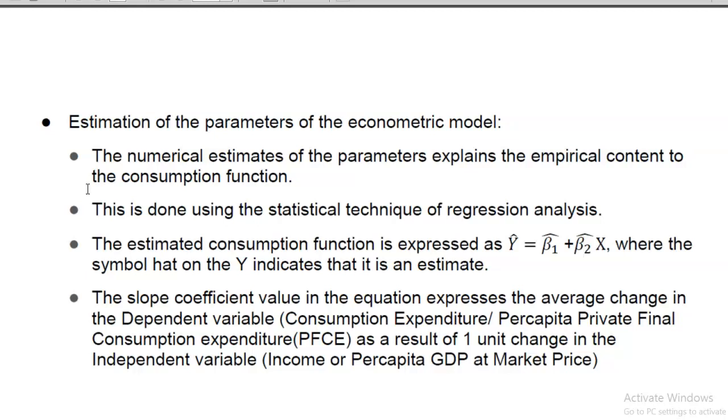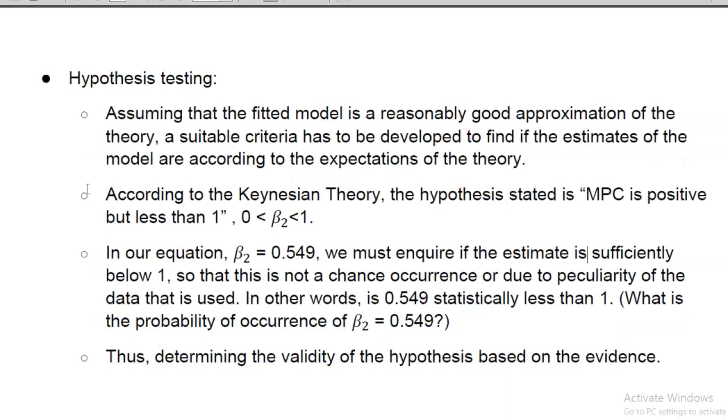This beta 2 is nothing but your MPC, which explains the per unit change in the final consumption expenditure as a result of a 1 unit change in the GDP. Okay. Then hypothesis testing. The hypothesis says that MPC is positive but less than 1, and it has to be greater than 0. In our equation we got the value of 0.549. We must inquire if this estimate is sufficiently below 1, so that it is not due to chance or the peculiarity of the data.